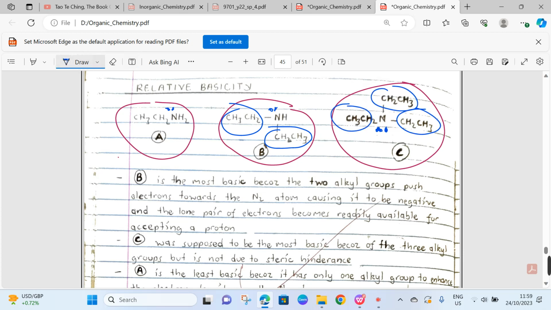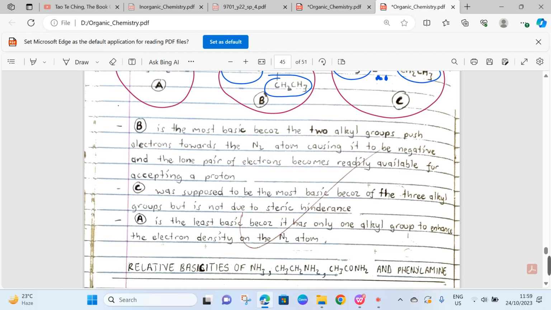That's why this molecule C is the second most basic molecule. Okay, now A is the third most basic, because it has only one group to push electrons towards the nitrogen atom. That's all there is to it.